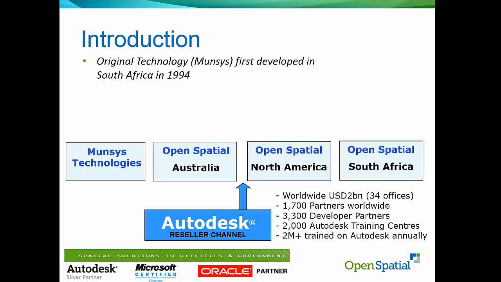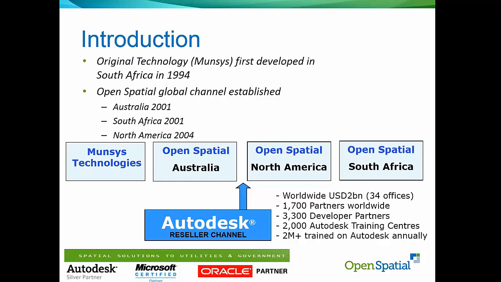As Nick mentioned, we've been in business since 1994. We started out in South Africa and moved out to North America and Australia in 2001 and 2004. Our head office is in Sydney, Australia at the moment, and I'm based in the North American office.